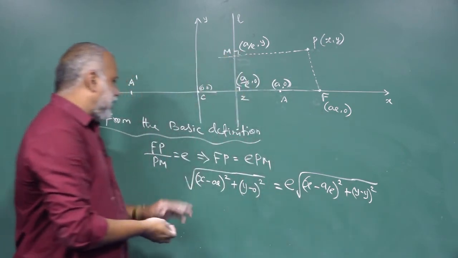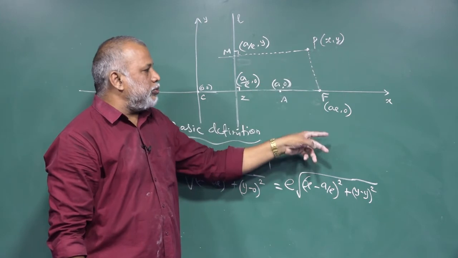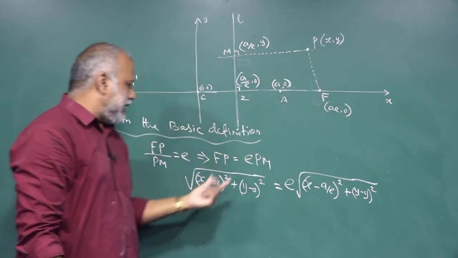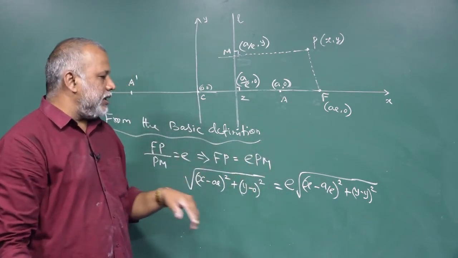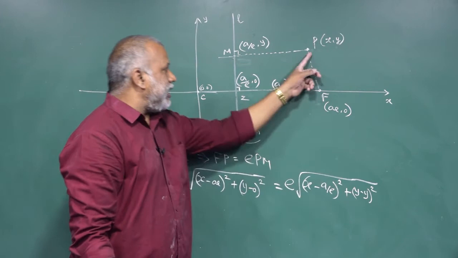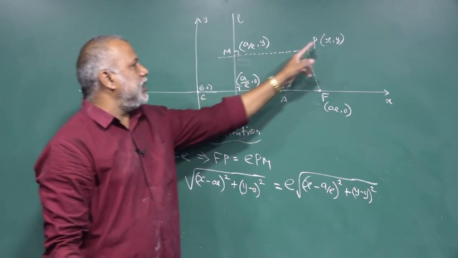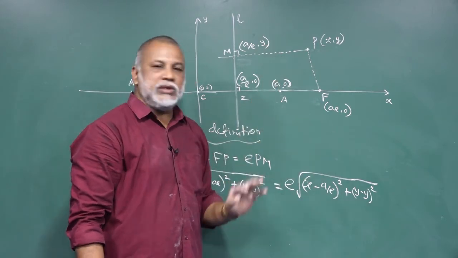See this one: FP equals e times PM. FP means distance between 2 points, (x minus ae) the whole squared plus (y minus 0) the whole squared. e is the eccentricity, it is a constant. Here the square root of PM is also the distance between 2 points: (x minus a/e) the whole squared, (y minus y) the whole squared.